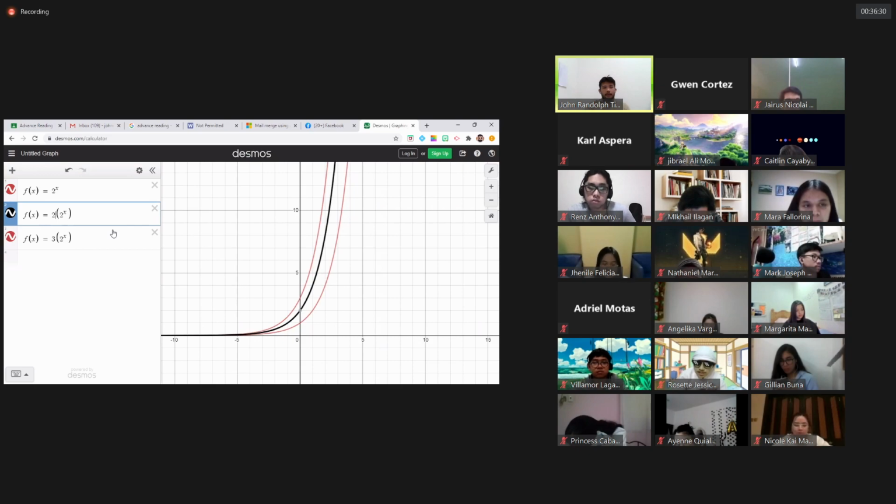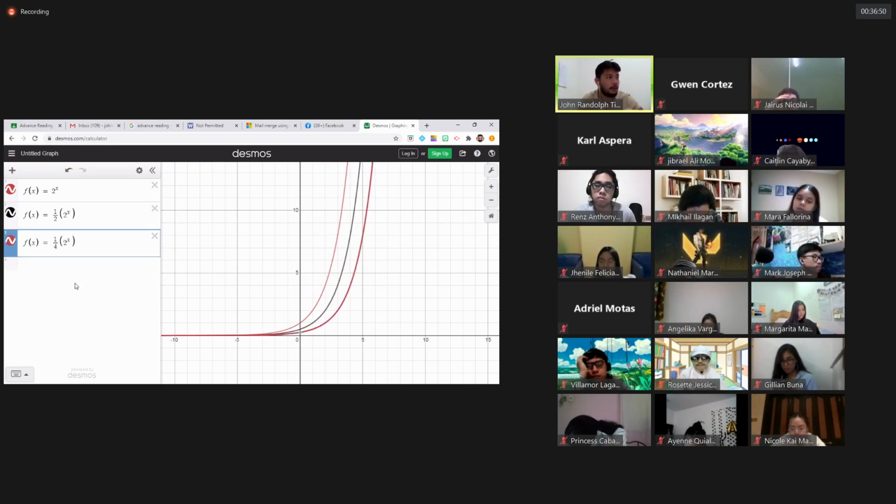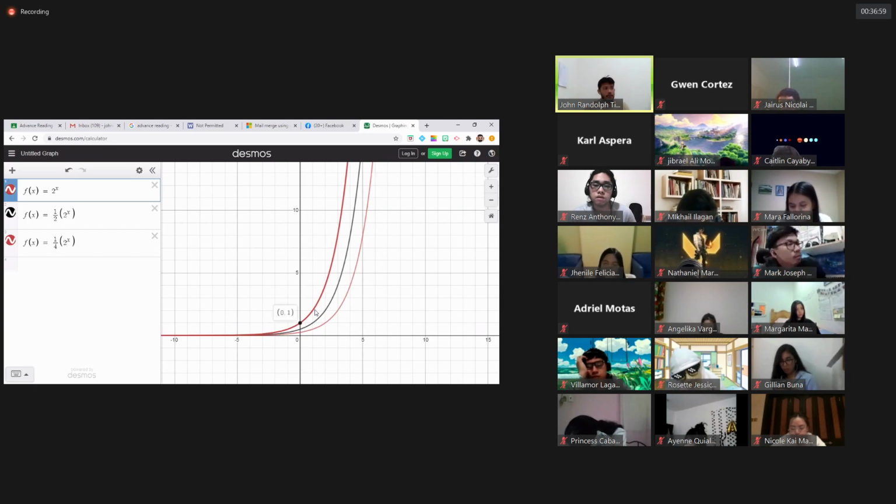How about if ipa-shrink natin yung graph? Kung ipa-shrink natin yung graph, we will just replace the numbers here 2 and 3 by a fraction. Let's just say, let's make 2 by 1/2. Then ito, let's just say 1/4. So itong graph natin is your f of x equals 2 to the power of x.